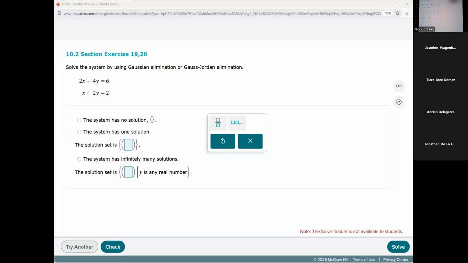So change this into a matrix first. So here we go. Matrix form is 2 for this first coefficient, 1 for this one, 4 for this guy, and 2 for that one.